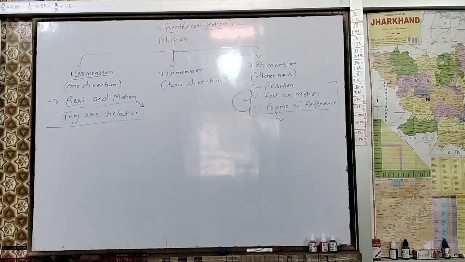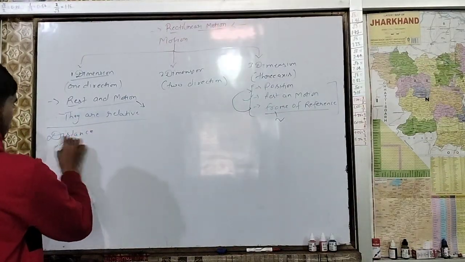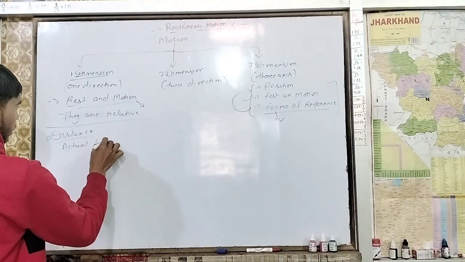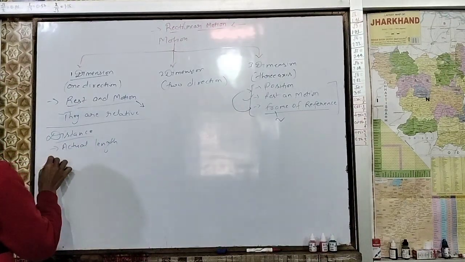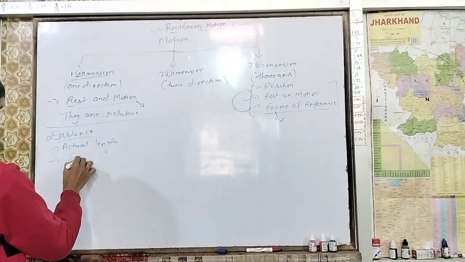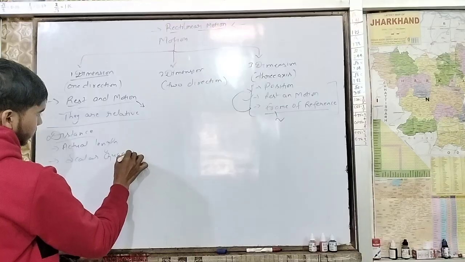Now let's move towards distance. This is the actual path, the actual length. It is a scalar quantity.